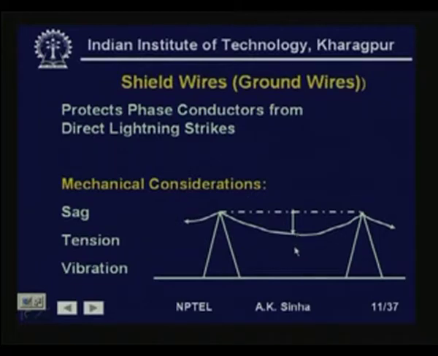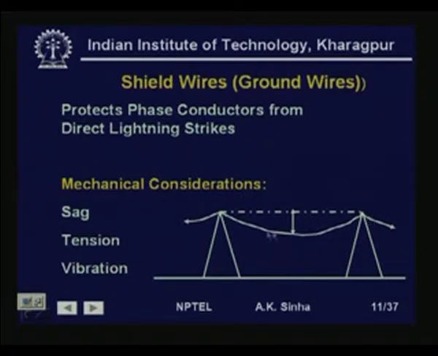It also has to be there if people or any vehicle is moving, since they would also get stressed by this electrical field, and therefore a certain minimum clearance is required. This is given by certain standards, like for a 400 kV line you need around 12 meters of ground clearance. That is, the minimum ground clearance should be around 12 meters.